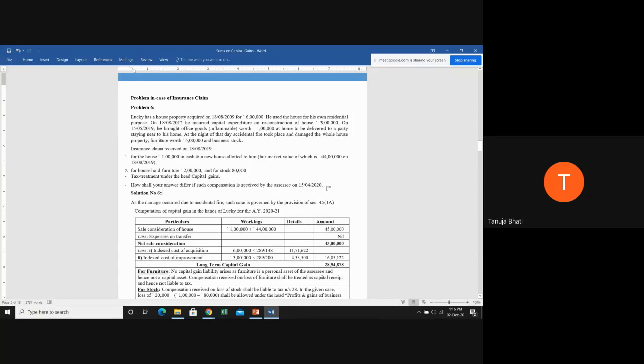So, students, first of all, let us identify, okay, what is the asset that is going to be chargeable to tax under capital gains. Now, tell me students, household furniture, is it a capital asset?